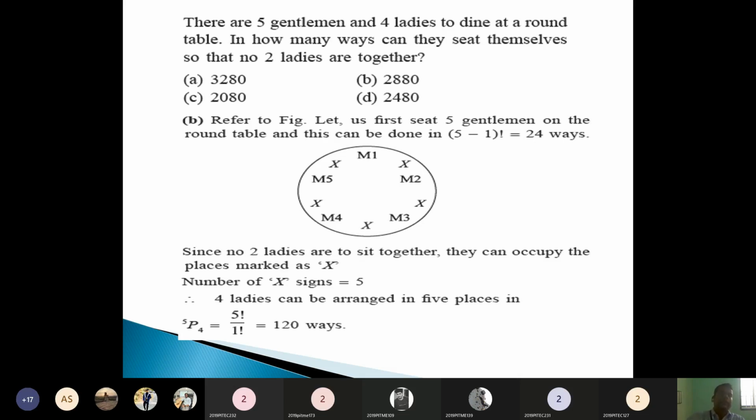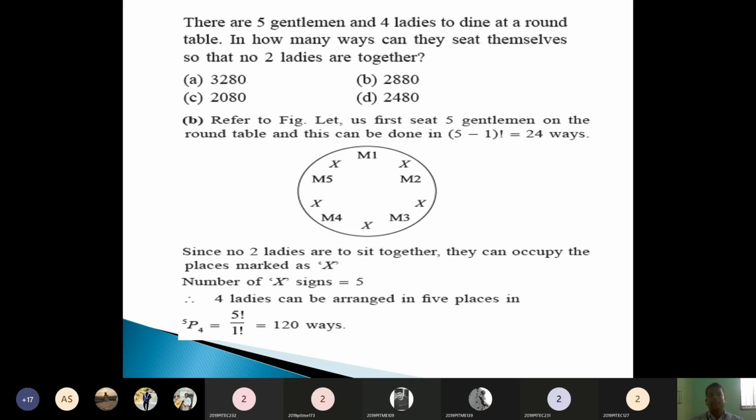Here, 5 places without any restriction, gents can be seated. So that is 5 minus 1 factorial. There are 24 different ways they can arrange.